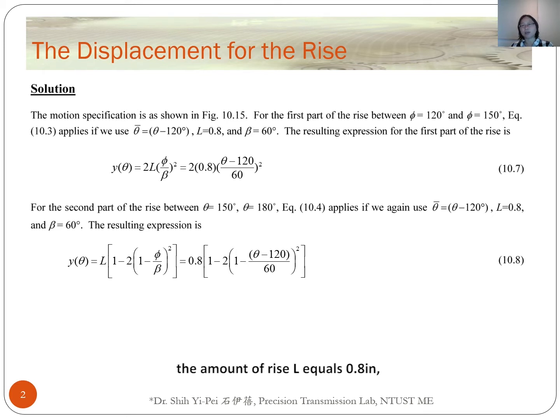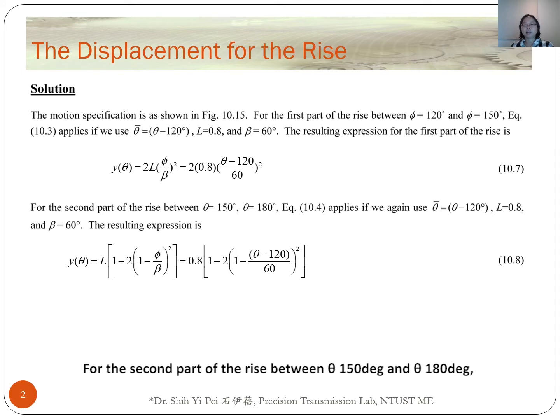The amount of the rise L equals 0.8 inches, and the cam rotation angle required, beta, is 60 degrees. Then the resulting expression is listed in equation 10.7.